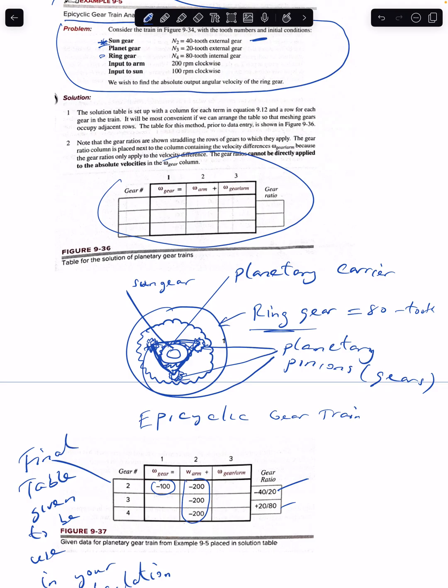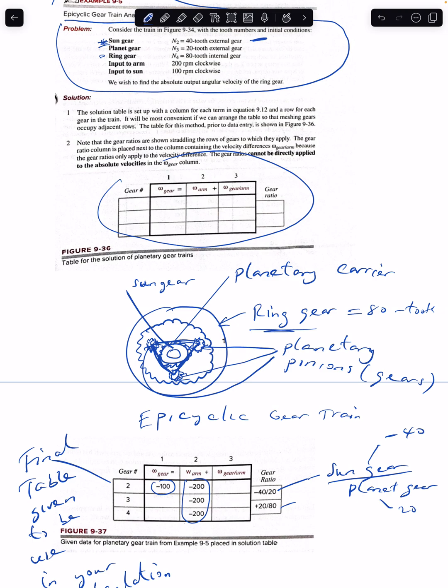Here the first ratio is actually the planetary gear set, but we have to write it in terms of the sun gear divided by the planet gear. Remember, this sun gear is minus 40. I will explain that. And this planet gear is 20.